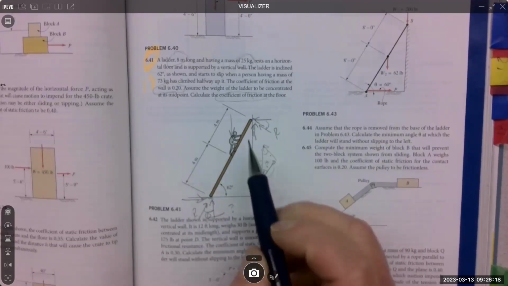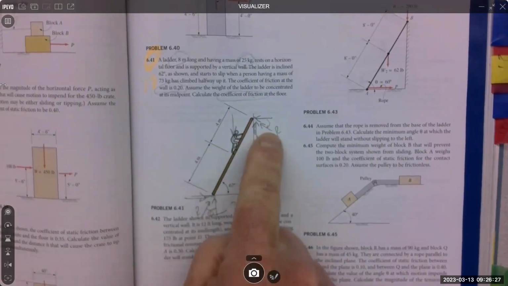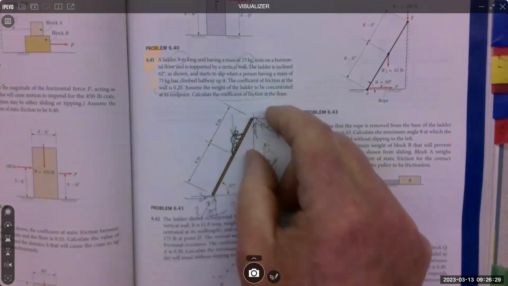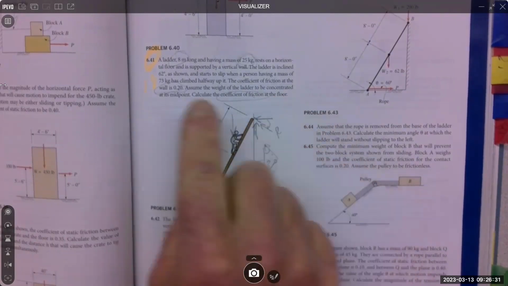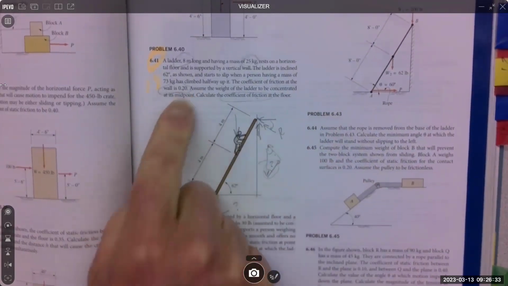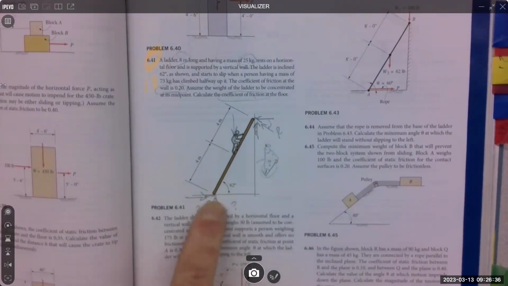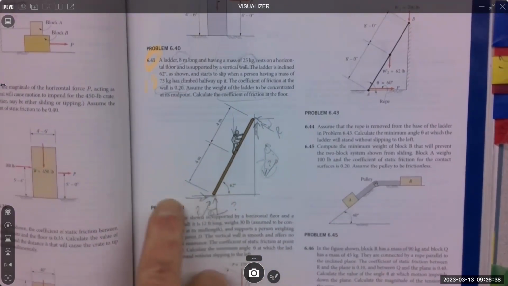Don't go for equations. It's going to be really challenging with equations. So try this. Try to put R in, get rid of F and N. You'll know the angle because you know the coefficient for the wall. It's 0.2. You will not know the angle down here, but we know R goes here because we know F is going to resist the ladder or else the ladder is going to fall.